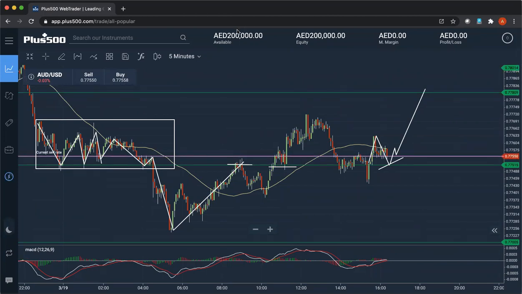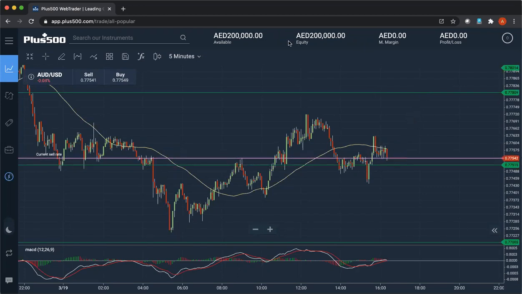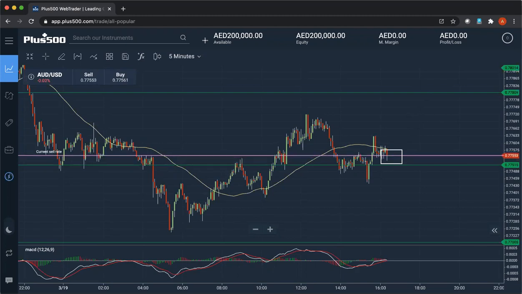Big banks are going to put their money here to take it here. Retail traders, they will sell here. Don't sell. Wait for the reaction of the price at IPL. Then buy.